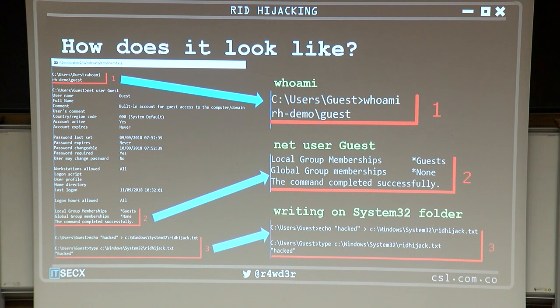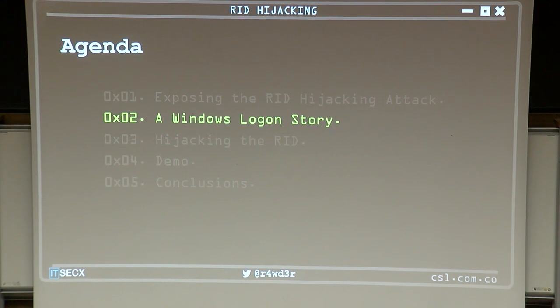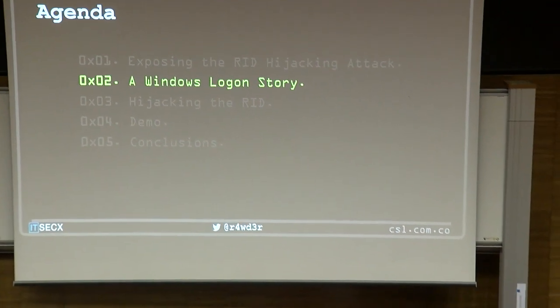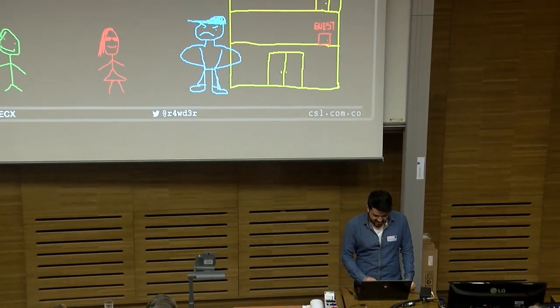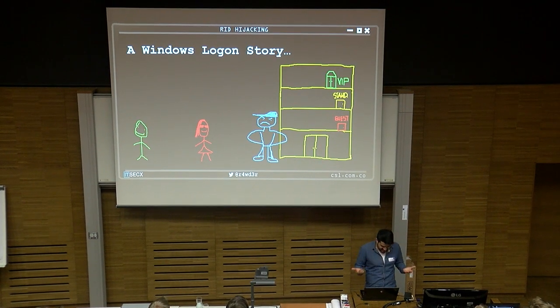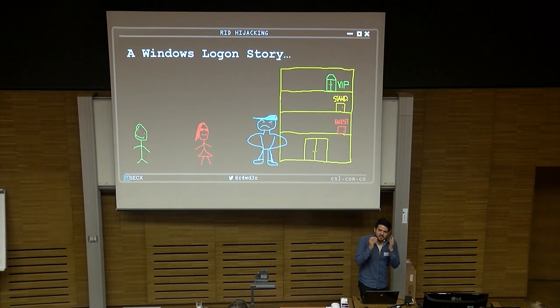So to understand the magic behind this, I will briefly explain how the WinLogon process works. I know, I told you I'm terrible at Paint. Well, this is to elucidate the concept.